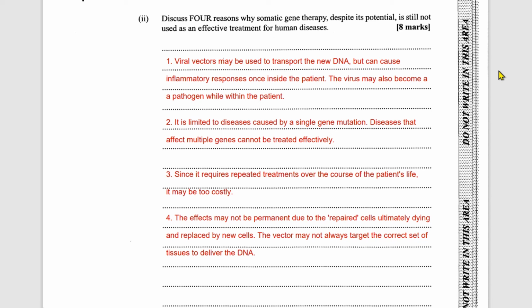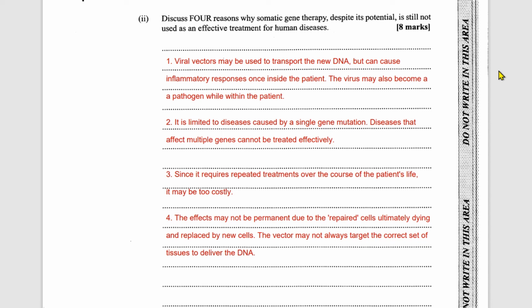So in this case they're talking about cystic fibrosis. They actually use a little nasal spray to deliver the fixed DNA through little lipid droplets. Now sometimes they use viruses to transport the DNA, and the reason is that viruses are really good at invading your cells.